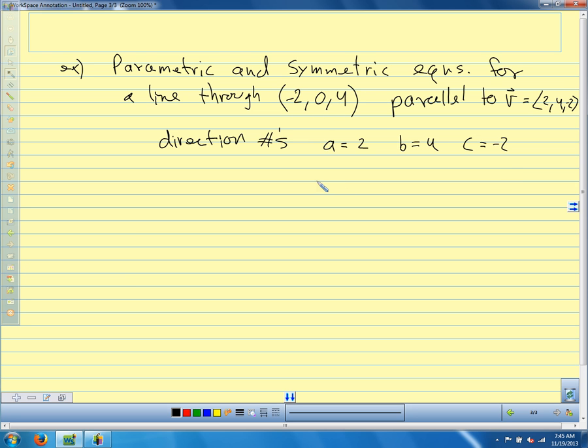You don't necessarily have to write this all out to solve this problem. I'm just relating it back to what we talked about. And our point, x1 equals -2, y1 equals 0, and z1 equals 4.